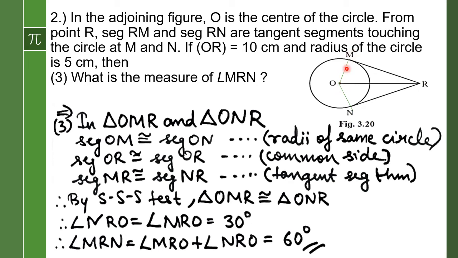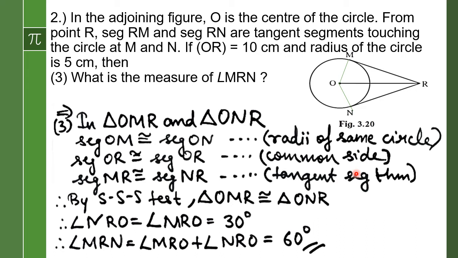One, side OM is congruent to segment ON, since both are radii of the same circle. Next, we have a common side to the triangles, that is OR. So segment OR is congruent to segment OR since it is a common side. Now we know that MR is congruent to NR, since these two are tangent segments, and by the tangent segment theorem, from an exterior point, two tangent segments are congruent.